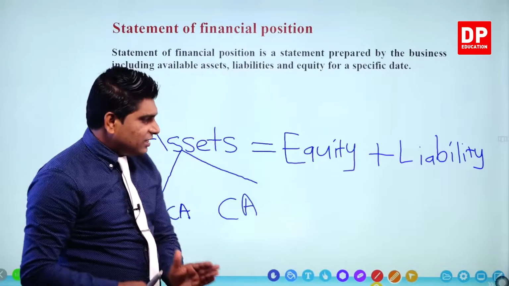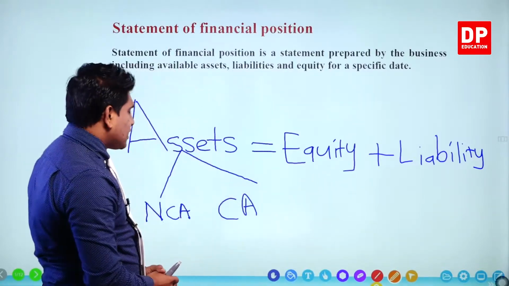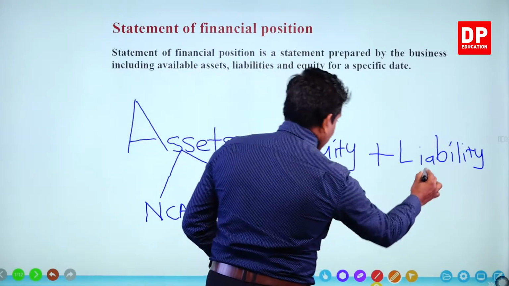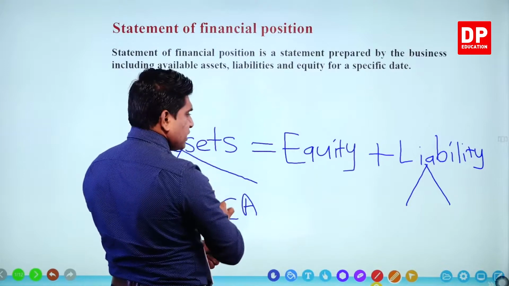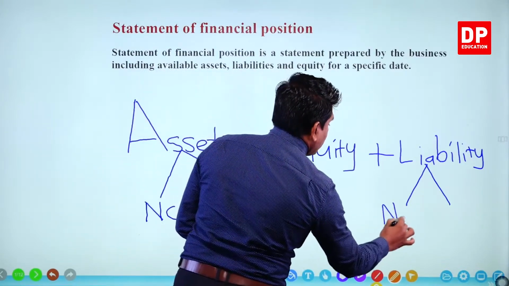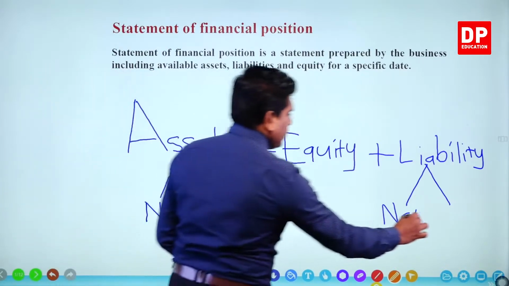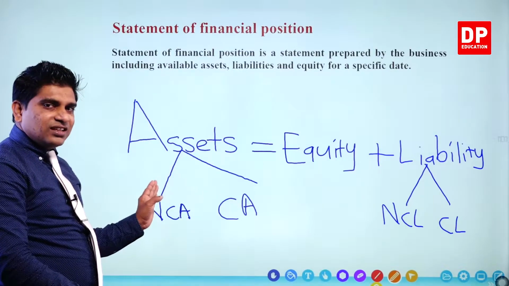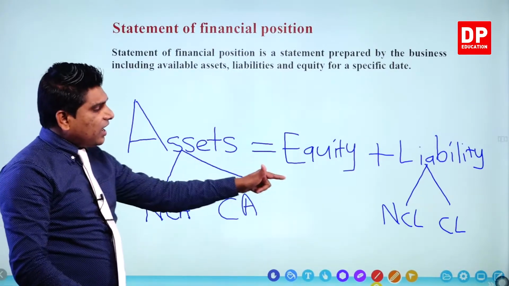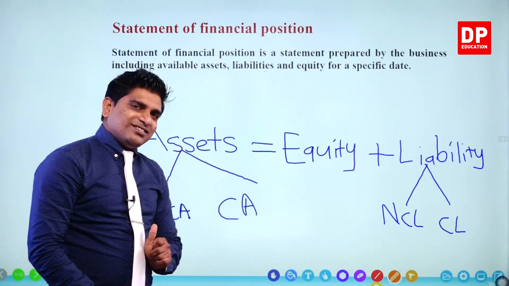Not only that, current liabilities and non-current liabilities. Now you know, liability can be categorized into two categories. The same as non-current assets, here non-current liability. Current assets, they are current liability. Easy to remember. This side, non-current asset, they are non-current liability. Here, current asset, they are current liability.